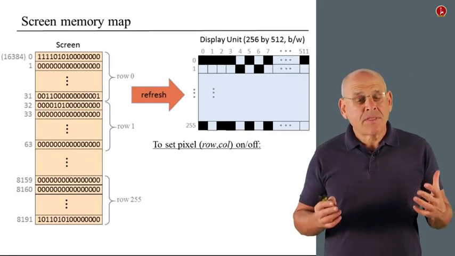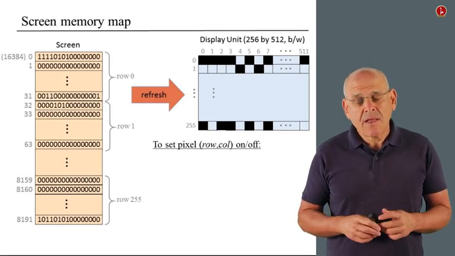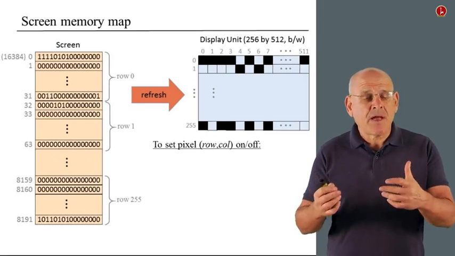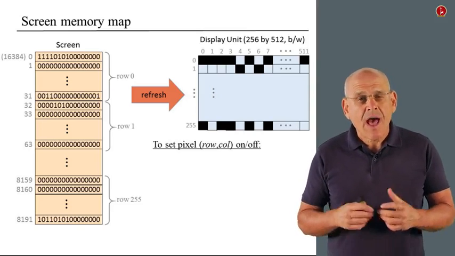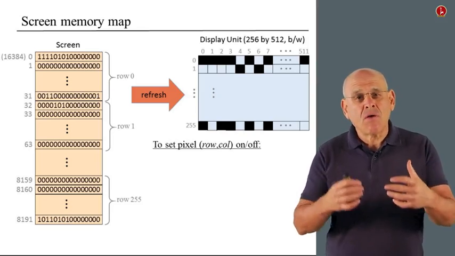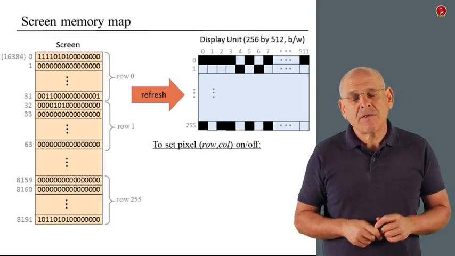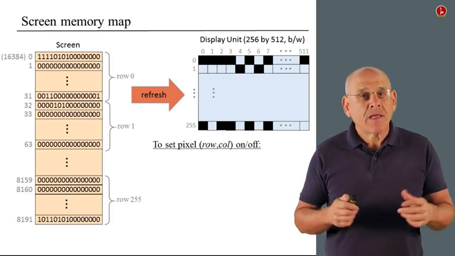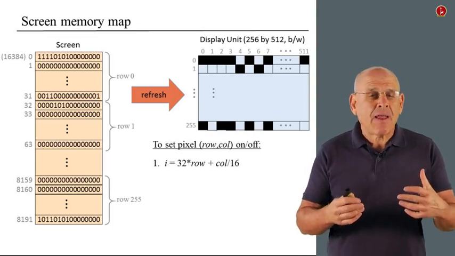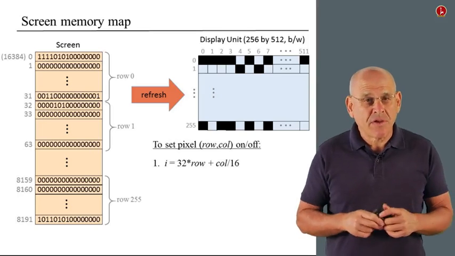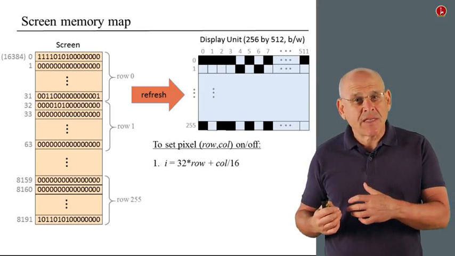Now, suppose that I want to manipulate a certain pixel on the screen, and pixels on the screen are characterized by a row and a column. How do I map this row-column pair onto the right register in the memory map? Well, here's how I do it. First of all, I multiply row by 32, and then I compute column divided by 16.